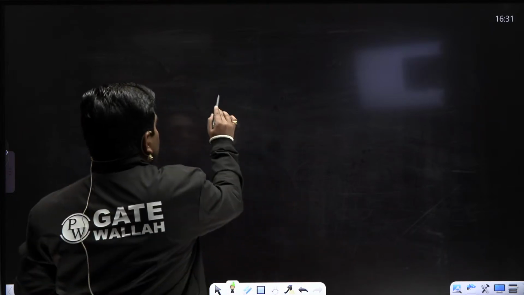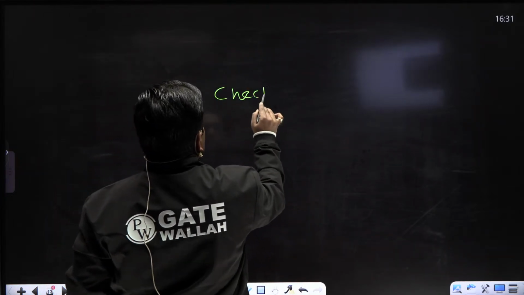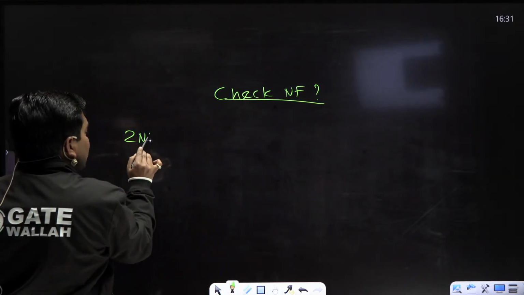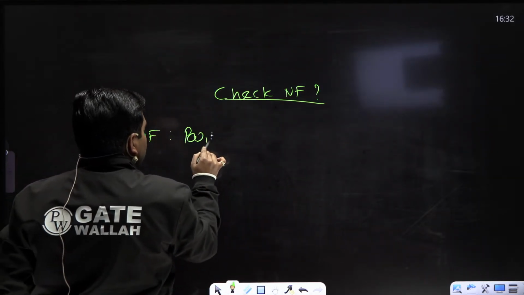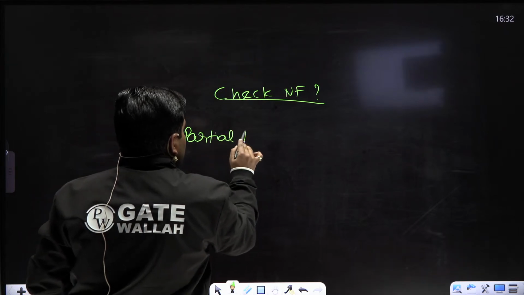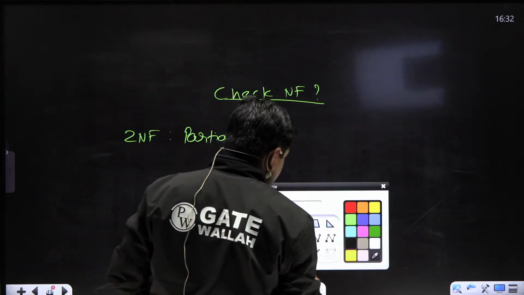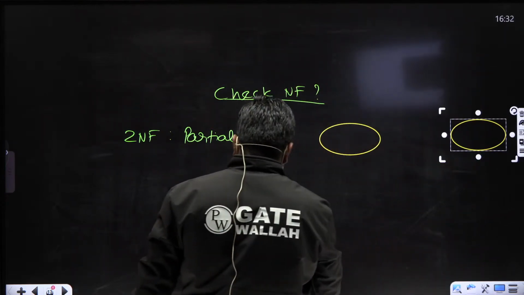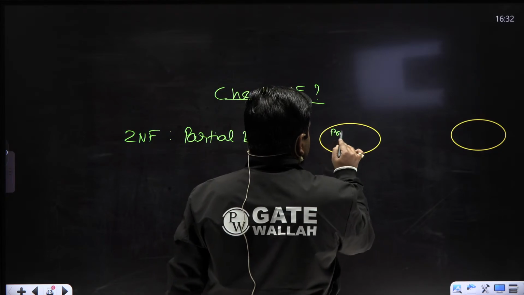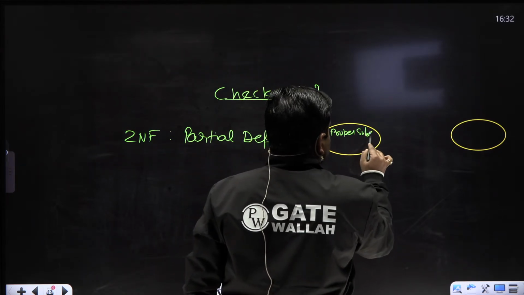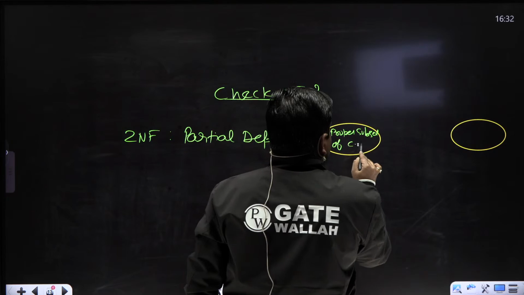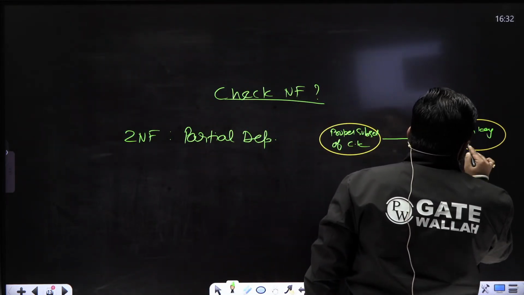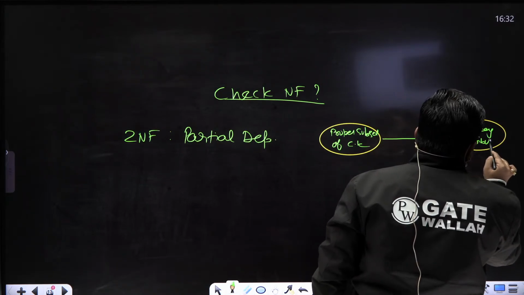Here I discuss how to check normal form. I told you for 2NF you have to check partial dependency. What is the meaning of partial dependency, sir? Proper subset of candidate key to non-key attribute. That is called partial dependency.